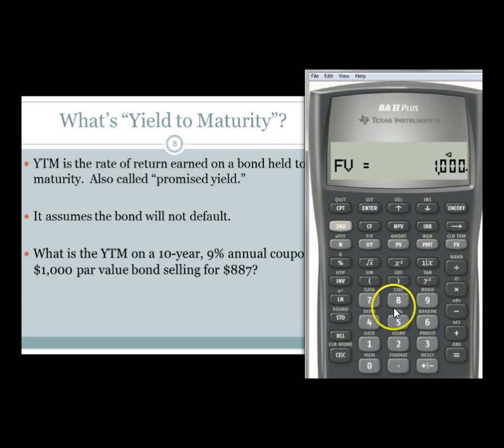And the bond is selling for $887. Let's make that the negative. That's our cash outflow as an investor. That's the price the investor is paying, so that's our present value. Finally, we compute the I. And you should find that the yield to maturity for this particular bond is 10.91%.